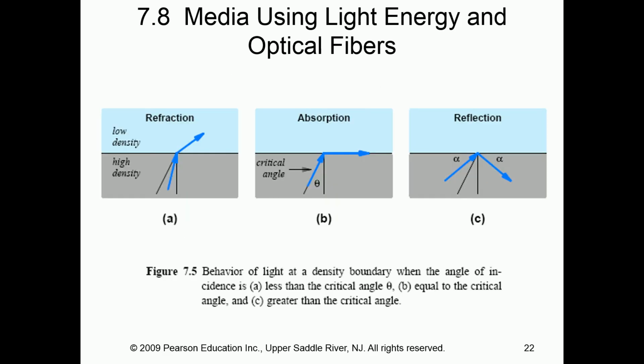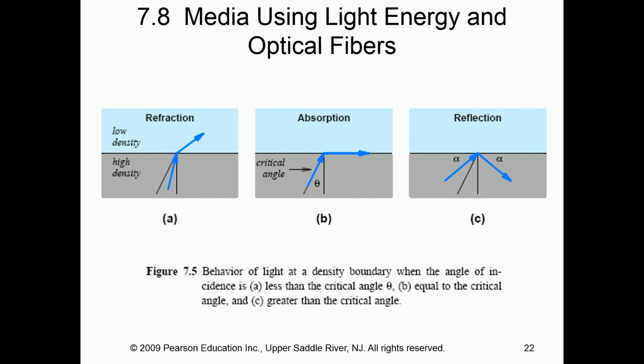Essentially, if light hits one of the sides of the fiber at the wrong angle, then we have a problem. For example, we can actually have light reflect, so that would be section C, and then it would actually bounce down the cable correctly.